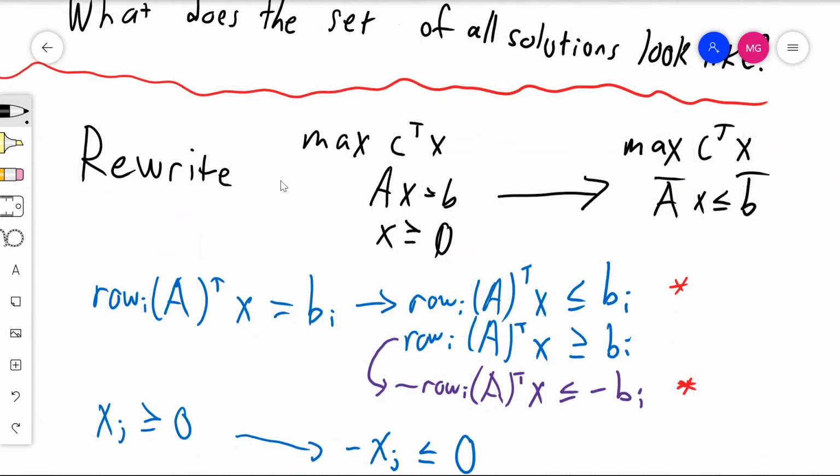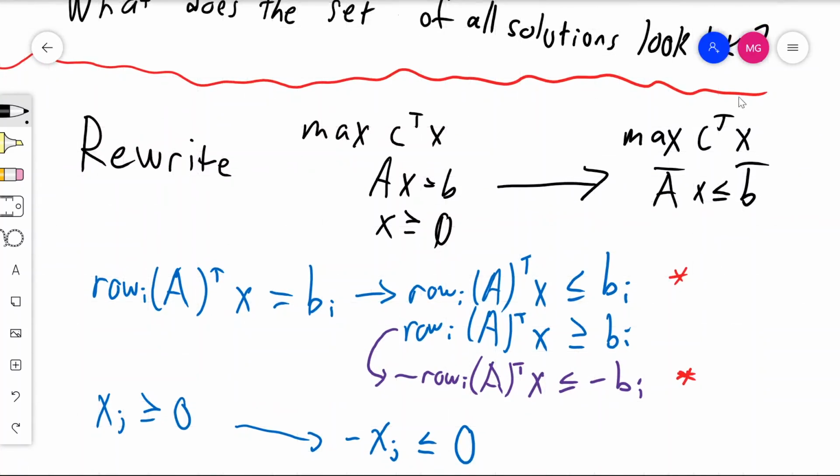In order to analyze things from a geometric perspective, we're going to rewrite linear programs to make them more amenable to geometric techniques. If your linear program is written in standard equality form, then the way you can convert it to a new format is this: the new format is going to have a whole bunch of less than or equal to constraints.